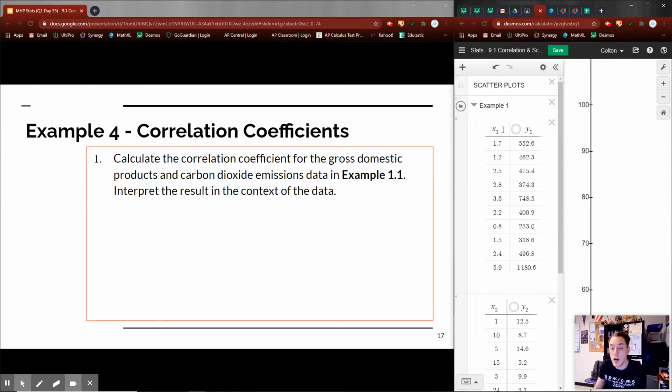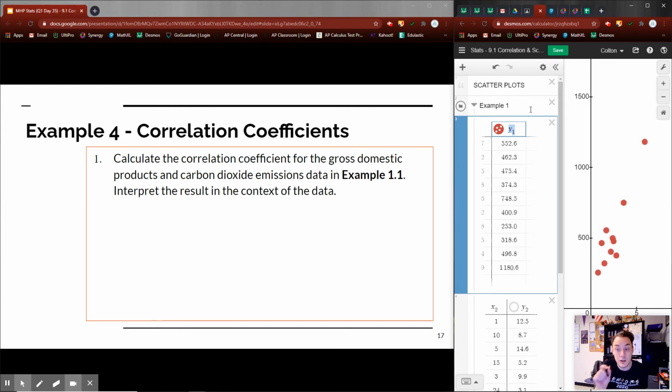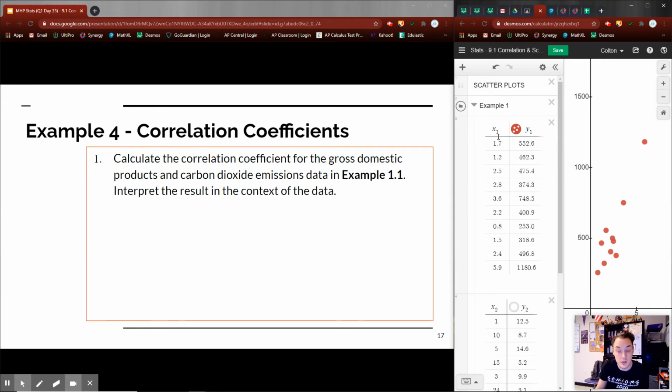Now watch what I do here. If I zoom fit this, notice what I'm doing. I'm labeling this X1 and Y1. Pay very close attention to what I'm about to do. This is X1 and Y1. This is the one I'm interested in.